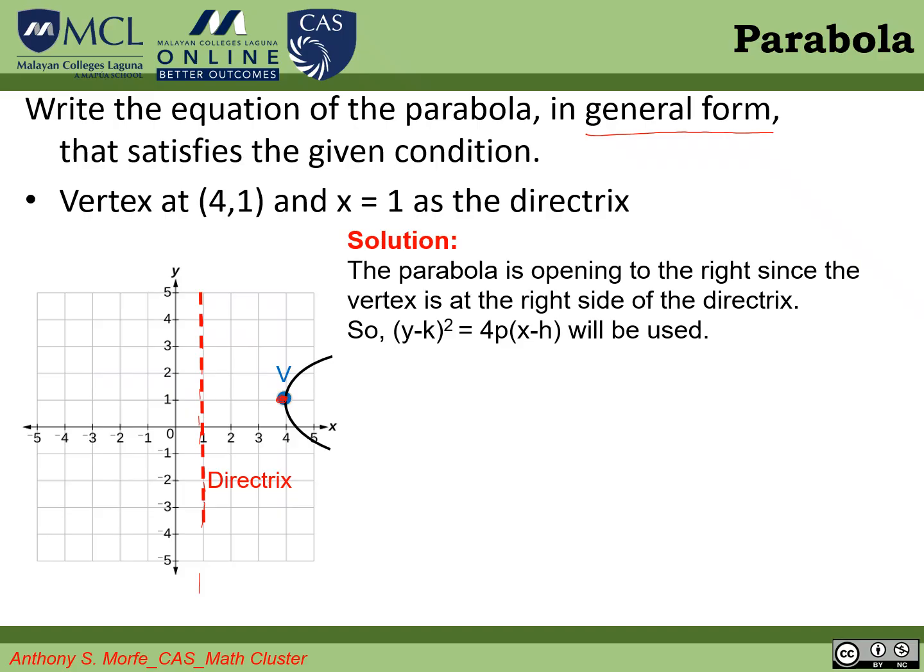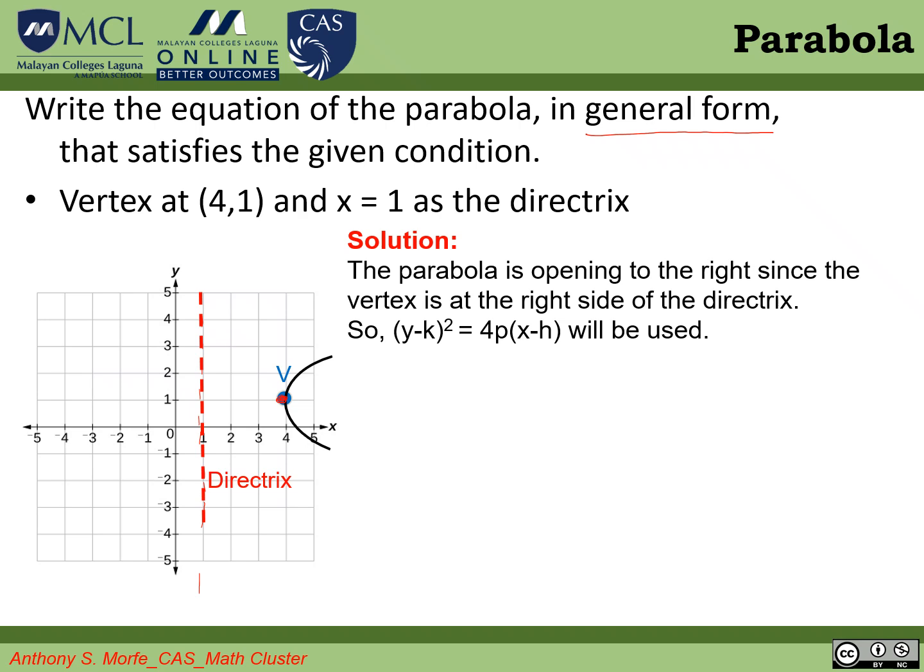So we have an idea already that the parabola opens to the right. It's not mentioned here, but since the directrix, class, is parallel to the y-axis, that gives us a hint that the parabola is opening to the right, because the directrix is on the left of the vertex.